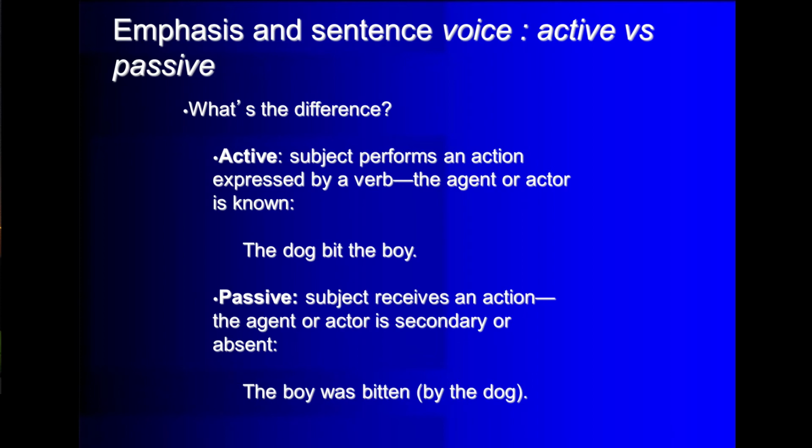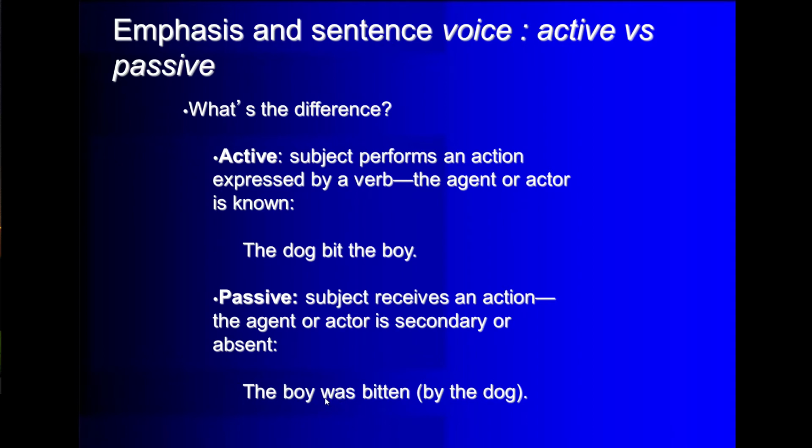Okay? The most important thing to understand, though, is the passive doesn't talk about direct action. It's indirect. And because it's indirect, it has all kinds of effects that you probably don't want 99% of the time. The other thing to note is that, yes, the passive is actually constructed by a past participle and a past form of the verb to be.